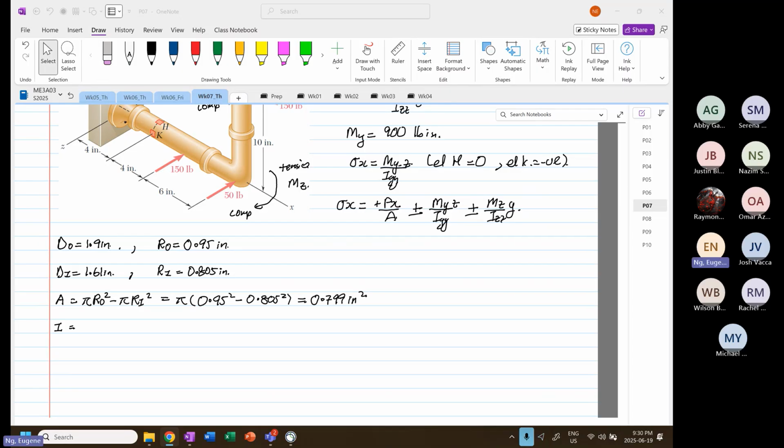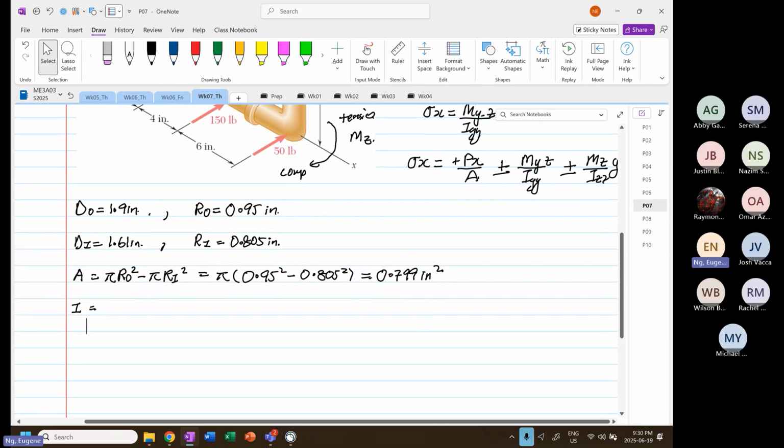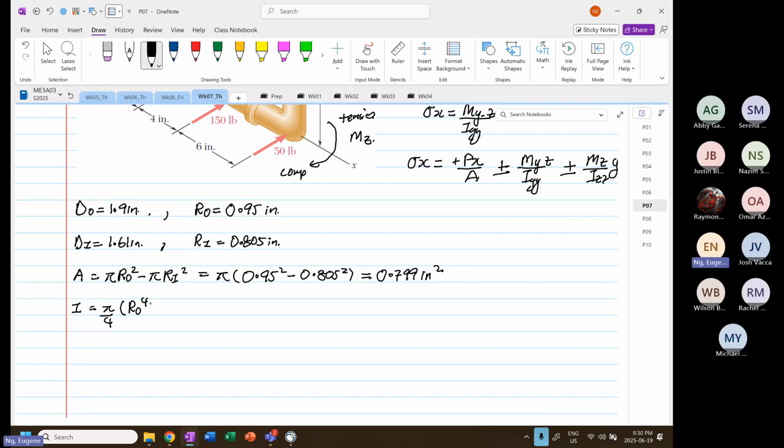Pi over 4 times R outer to the power 4 minus R internal to the power 4, of a circle. Let me check the formula again, I want to be sure. Yep, pi over 4.